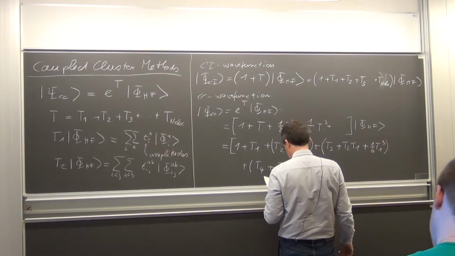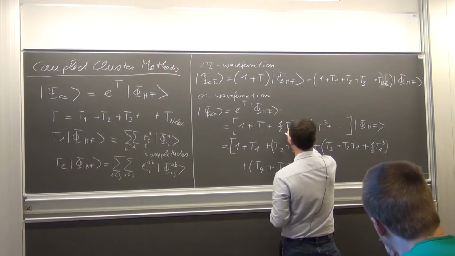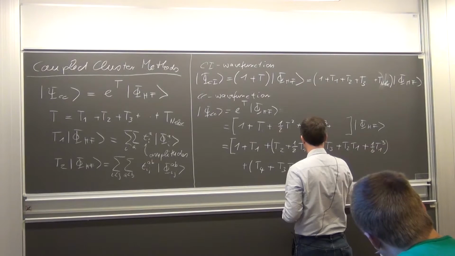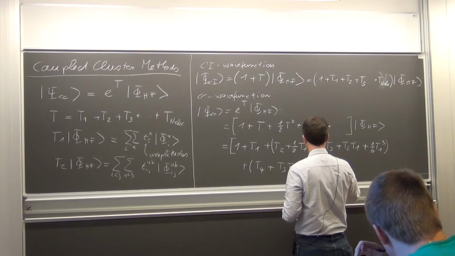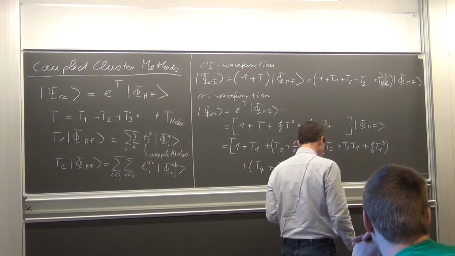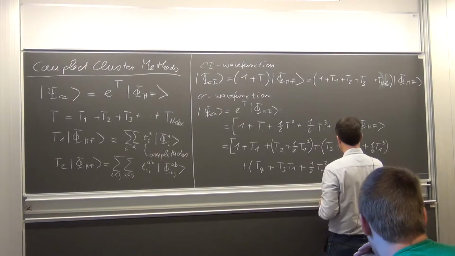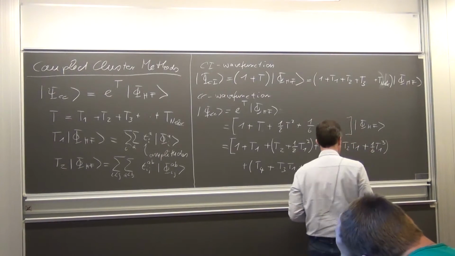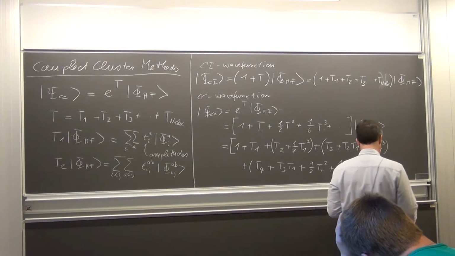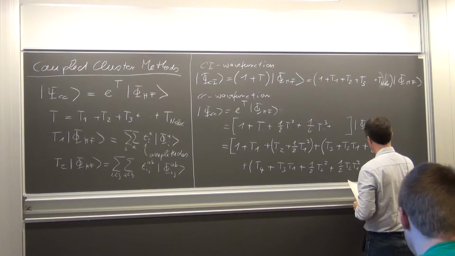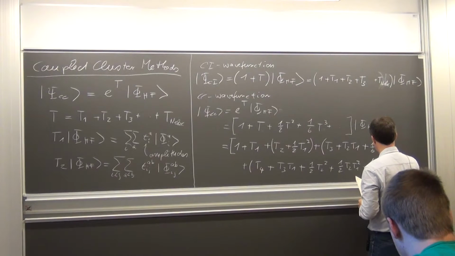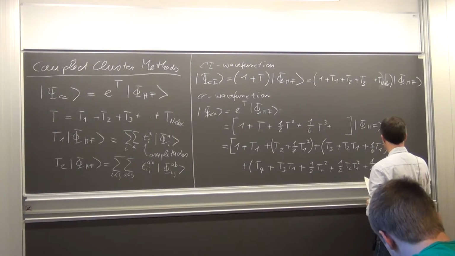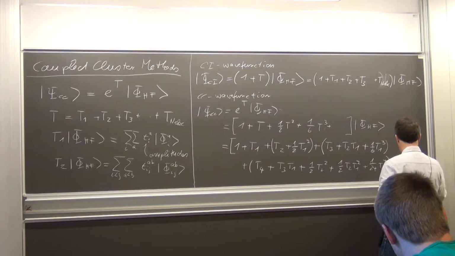Then I get another one here, 1/2 T2 squared. I can get 1/2 T2 T1 squared. And I get 1/24 T1 to the fourth power. And now I stop.